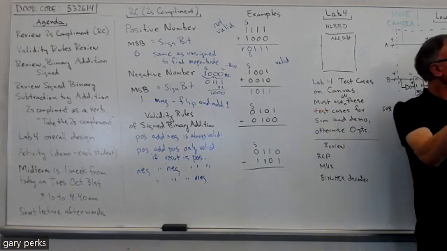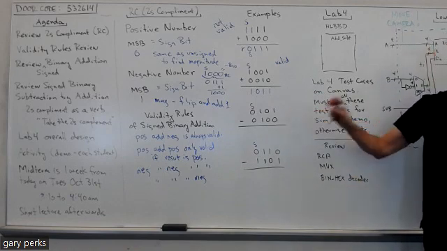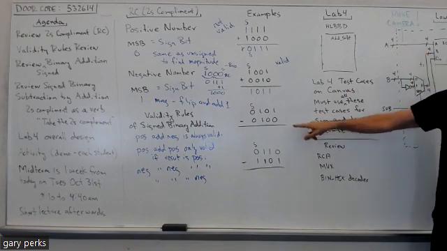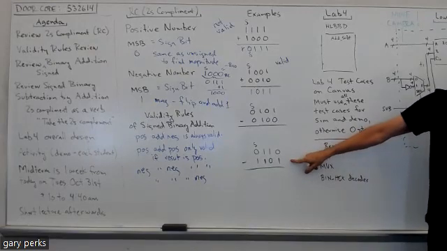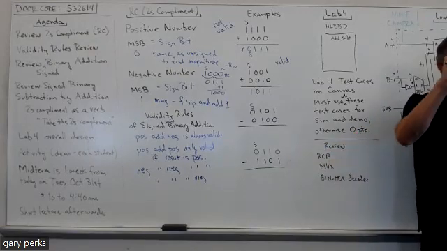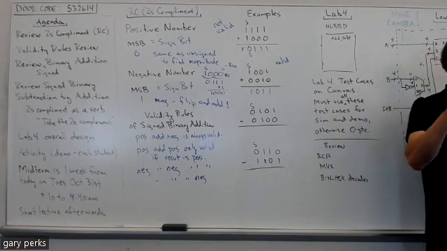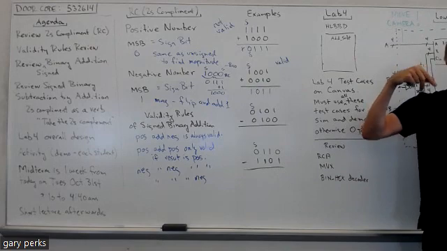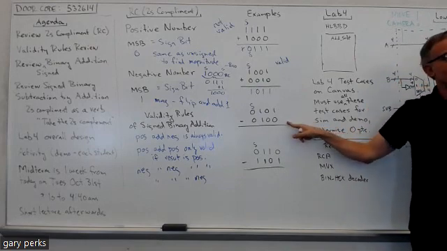If you take the two's complement of a positive number, it makes it a negative number of the same magnitude. And if you take the two's complement of a negative number, it turns it into a positive with the same magnitude. So that's the key step when you want to do binary subtraction by addition. You're taking the two's complement of that second number, whether it's positive or negative.